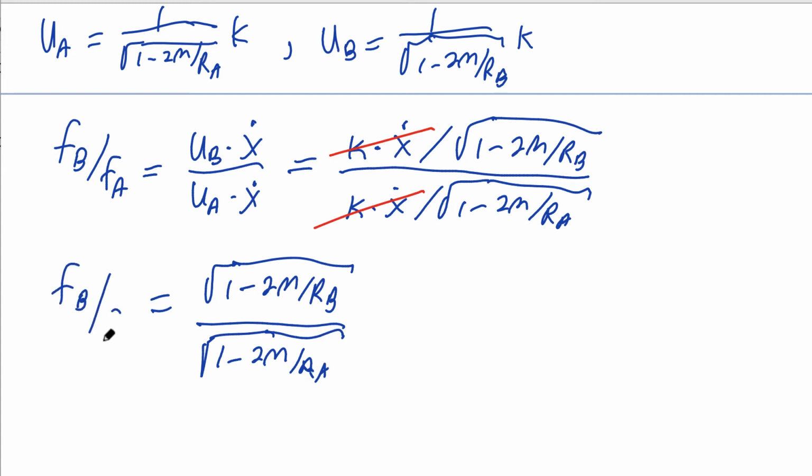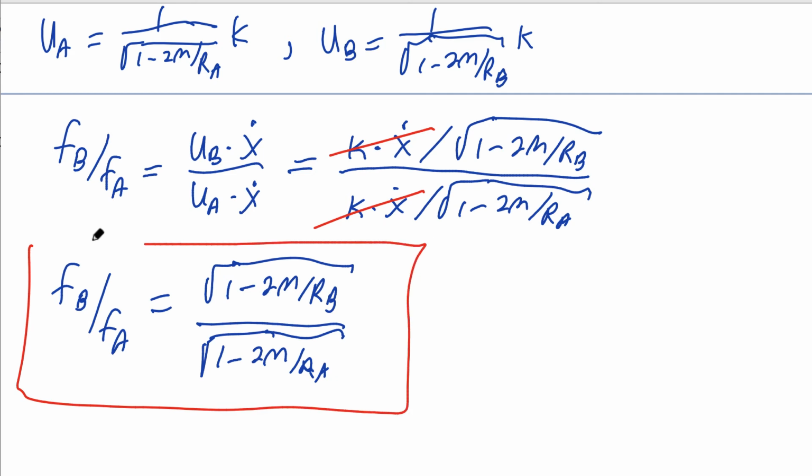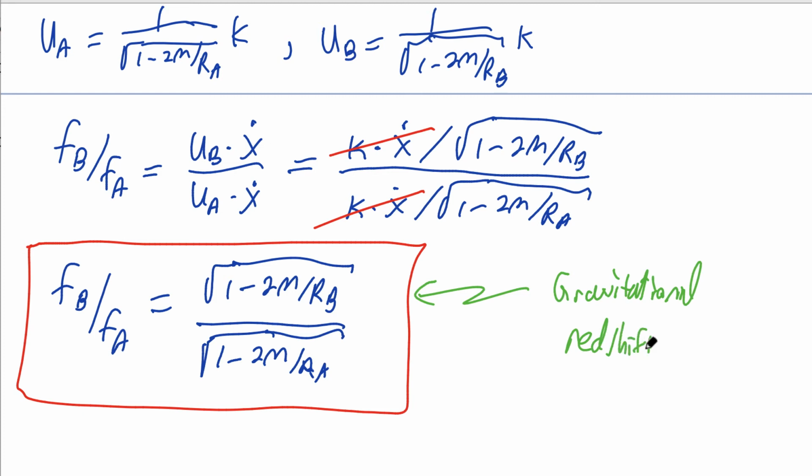So this is fb over fa, and it's a general result that holds for any null geodesic. So this result shows the gravitational redshift for any photon in the Schwarzschild geometry.